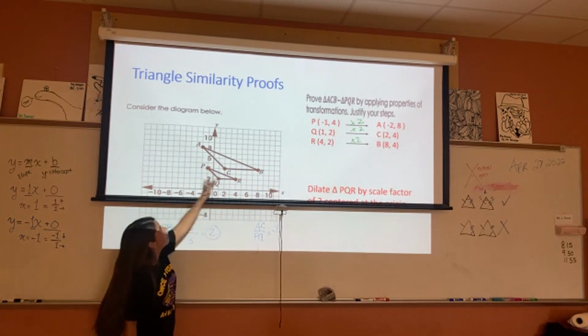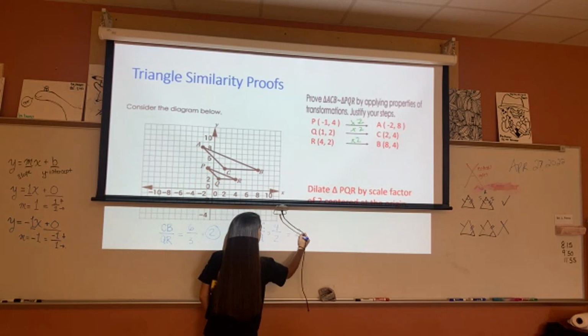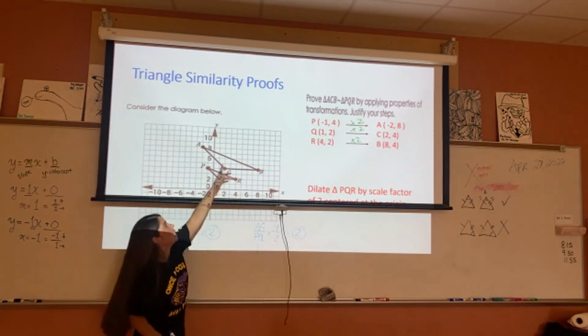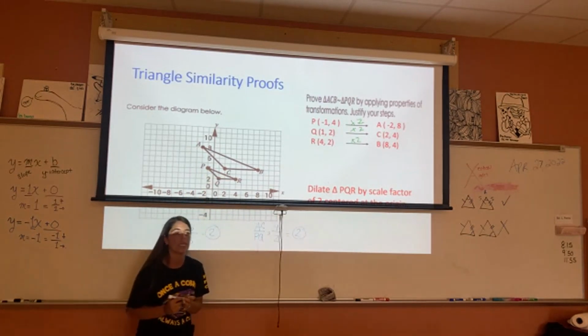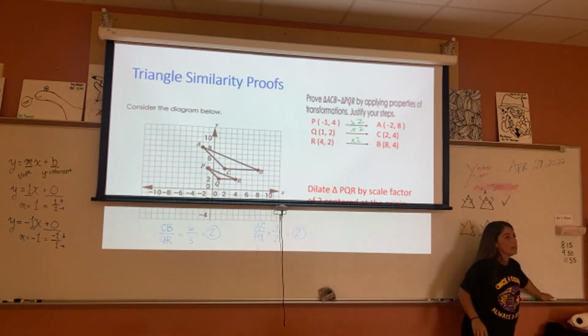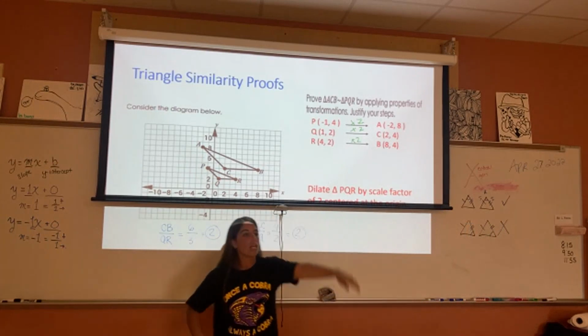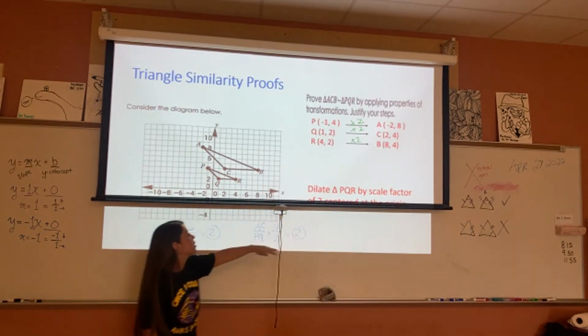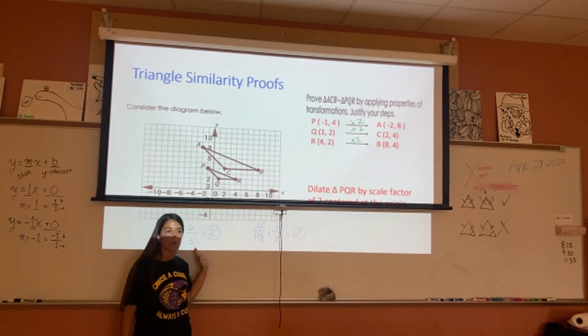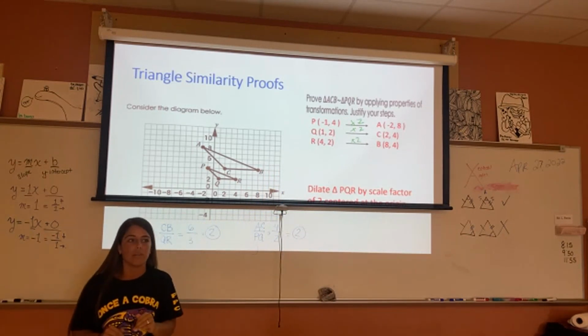The length of PQ is 1, 2. 4 divided by 2 is 2. AC is twice as long as PQ. From there, you're getting the same answer. That's telling us the same thing. You can use the coordinates, or you can just set up the proportions the way we did for the other sides. Whatever works best for you.